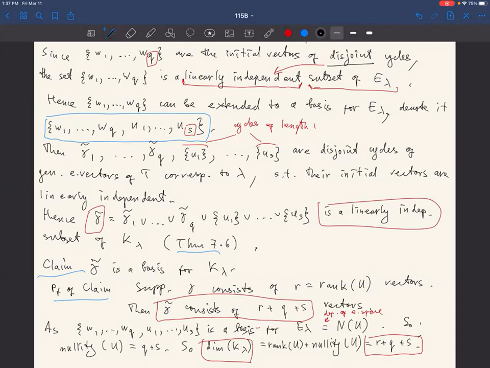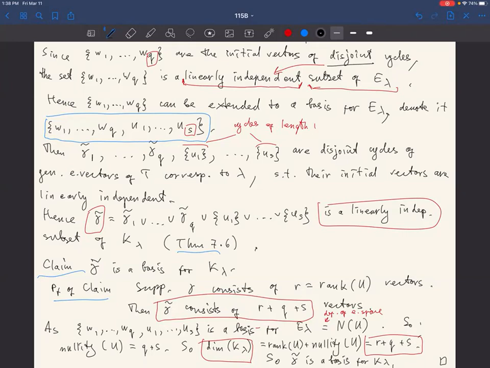So we conclude that gamma tilde is a basis for K lambda. And this concludes the proof of the inductive step. So we have found a basis for K lambda consisting of a disjoint union of cycles of generalized eigenvectors. Well, anything in K lambda is a generalized eigenvector, except for 0, by definition of K lambda. So we found a basis consisting of these cycles. So this proves the theorem.